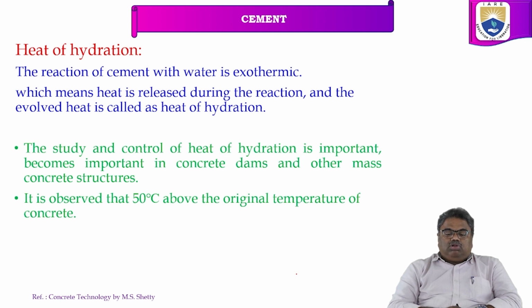The study and control of heat of hydration becomes very important, especially for mass concreting works. For example, if you have a very big dam to construct, you have to do very huge, high quality mass concreting, especially for concrete dams.